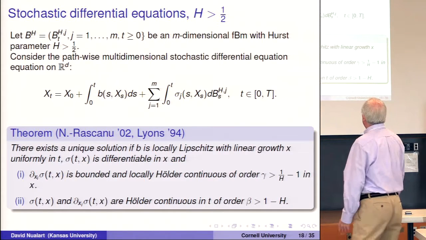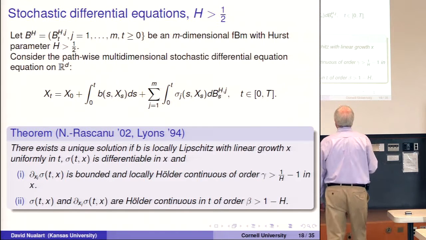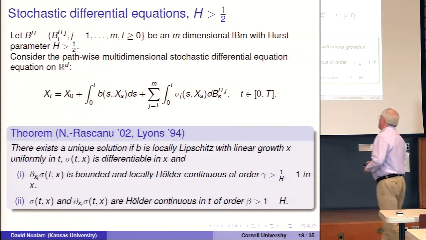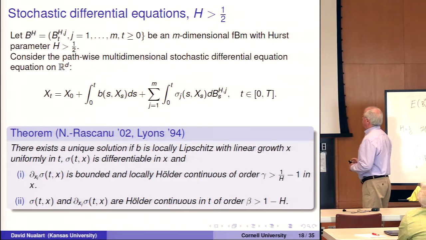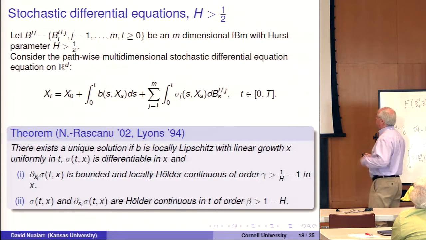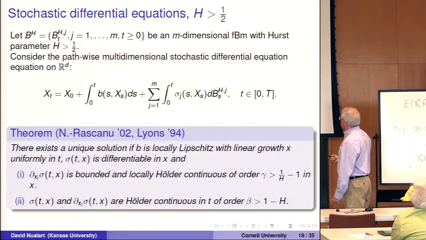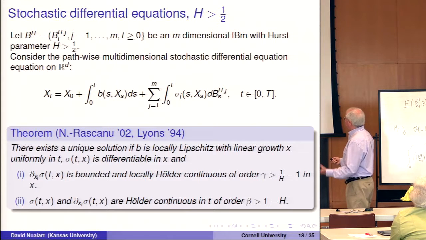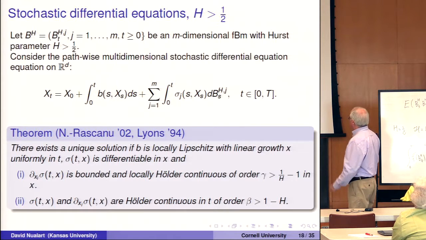It was proved first by Terry Lyons in 1994 using total variation norms, and then I wrote a paper using this fractional calculus approach. It can be proven that this is a pathwise equation, and it can be solved with a unique solution. What you need is something stronger than Lipschitz: sigma must be differentiable with bounded derivatives, which are Lipschitz, and then the derivatives are Holder continuous of some order bigger than 1 over H minus 1.